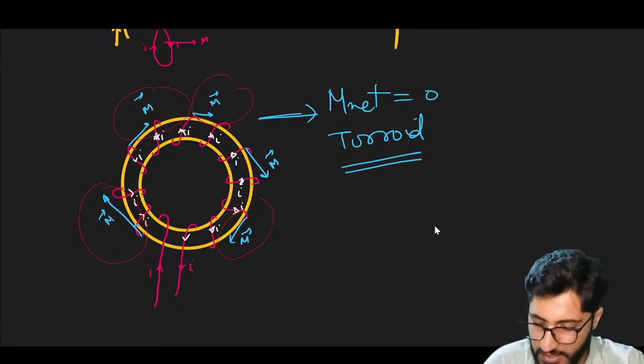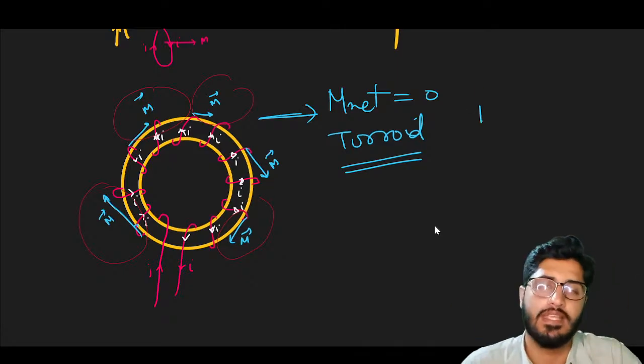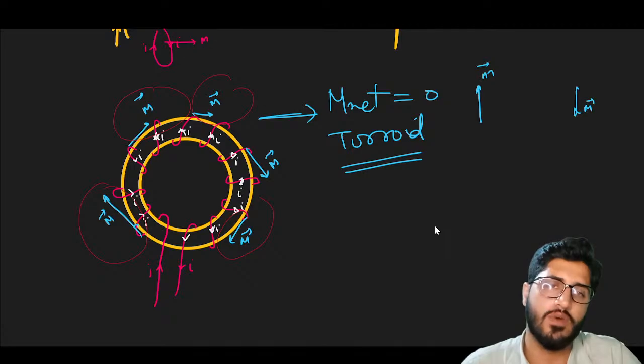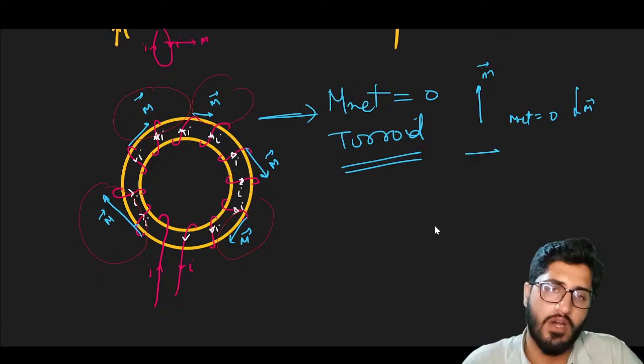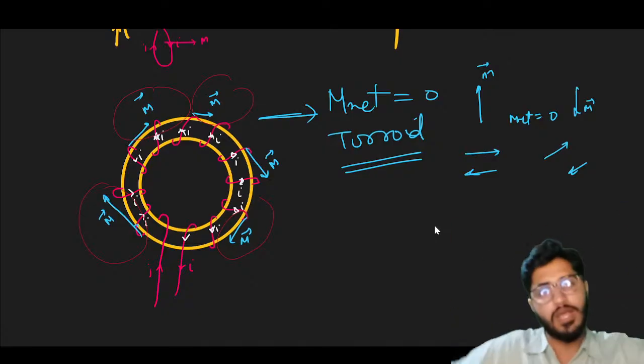Yes, for a toroid M net is 0, no? Why? Because it will cancel. So look here, let's suppose we have 1 M here, and 1 M here. So for this one, what is M net? Sir, we know that equal and opposite it is 0. For one it will be like this, one like this, one like this, one like this. So for each and every one M net is 0. So the whole M net for a toroid is 0.